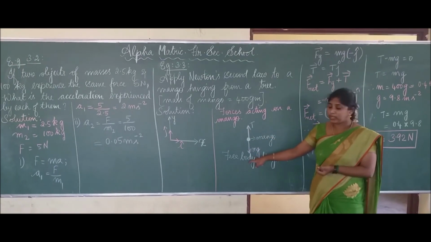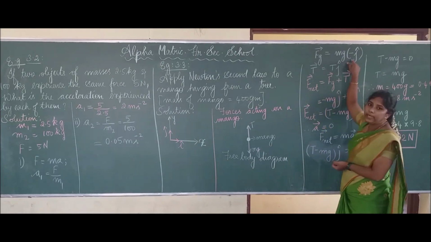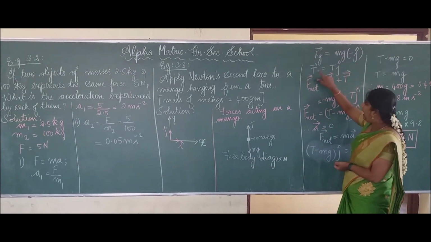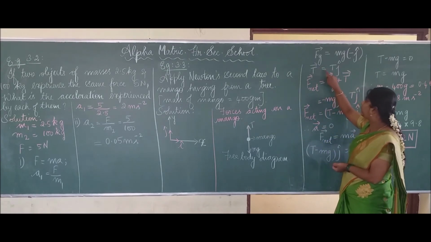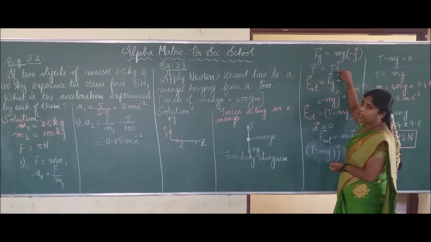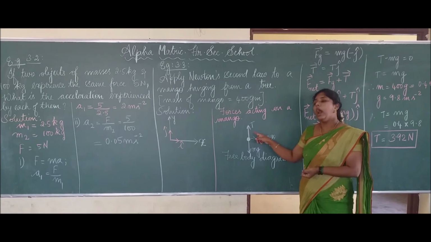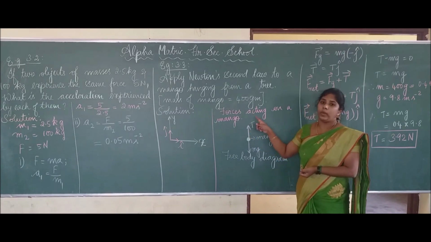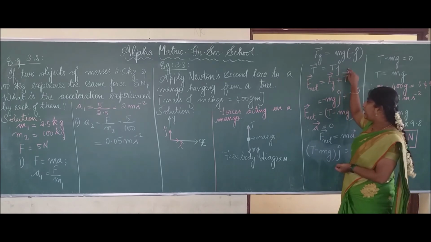Next is the tension force, the T vector equals T into j cap. Why positive j cap? Because the tension force acts vertically upwards in the positive y direction.